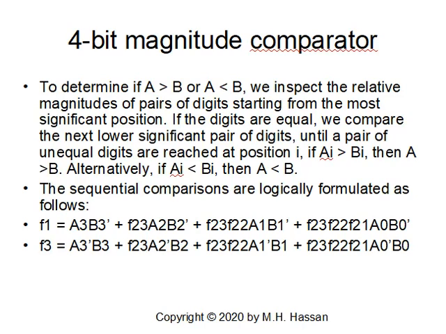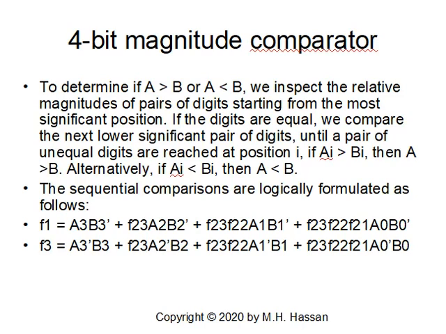So if Ai is greater than Bi, then A is greater than B. Alternatively, if Ai is less than Bi, then A is less than B. So we need only one digit at any position that is greater or less than the B digit at the same position to make the determination. So how can we logically prove this?